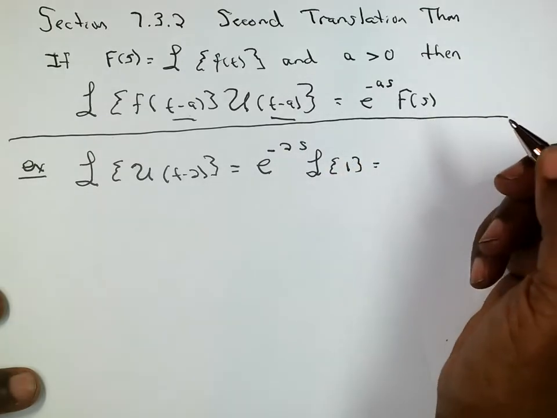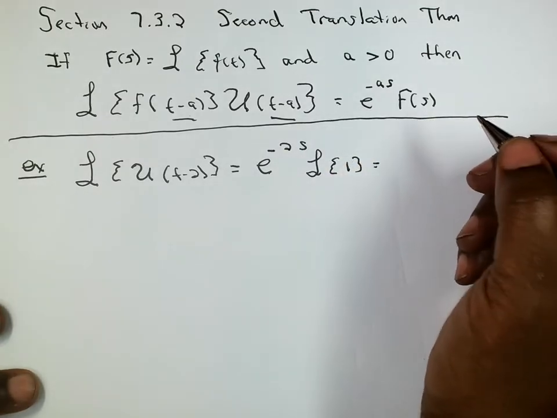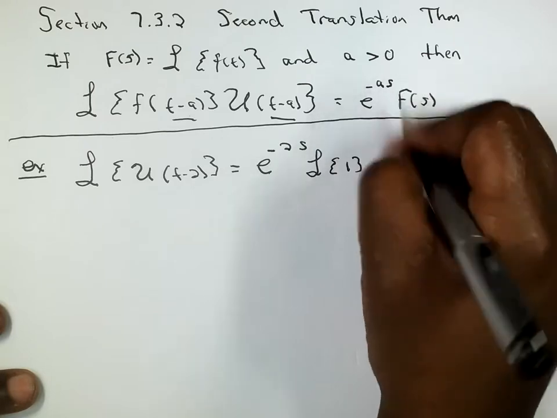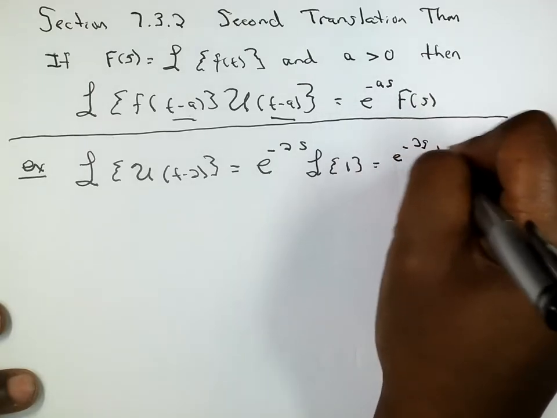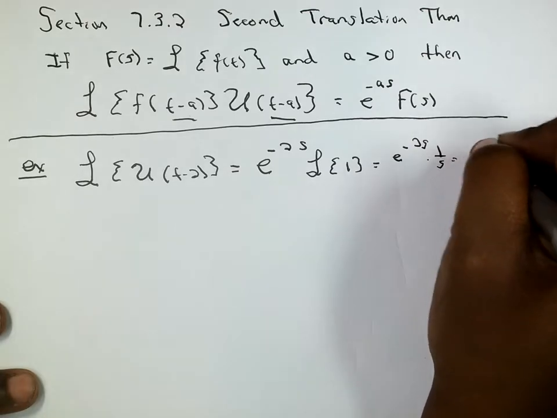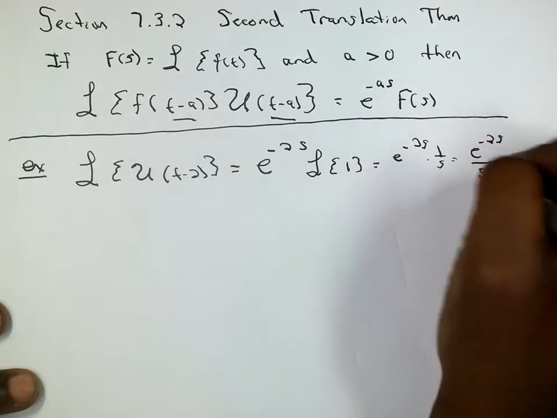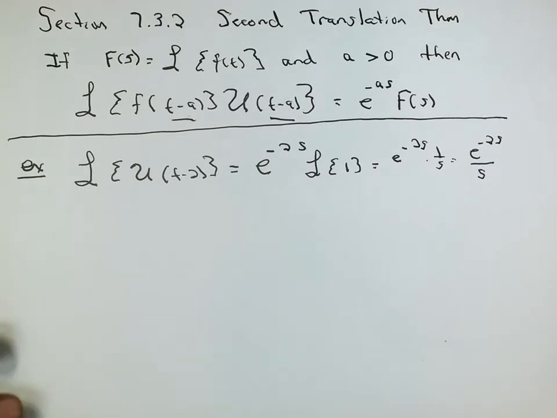And we know that the Laplace transform of 1 is 1 over s. So that gives me e to the negative 2s times 1 over s, which is just e to the negative 2s over s. Right? So f of t is just going to be 1.